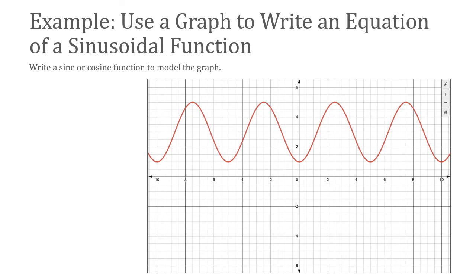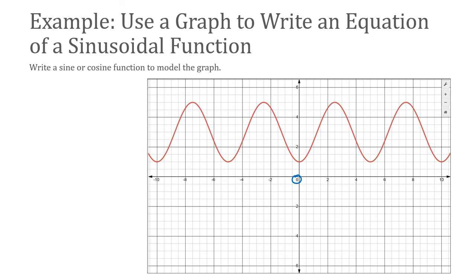So one of the last things that we did was to determine the parent function, whether or not it looked like a sine function or a cosine function. What do you think that this looks like? What I usually do is I start at 0 and I look to see where is the output at 0. I know that if I'm at my highest point, then that's a cosine function. If I'm at my midline, then that's a sine function.